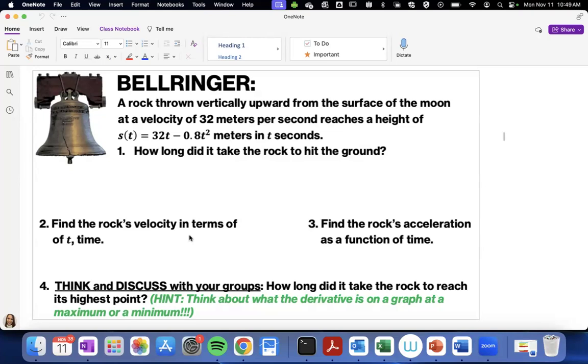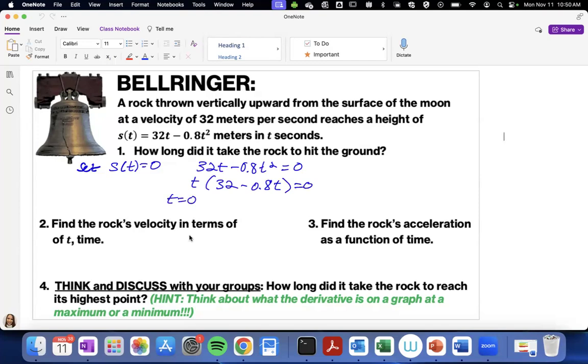So I set the position function s of t equal to 0. So I'm going to say 32t minus 0.8t squared equals 0. Then you solve it for t. So you factor out a t and you get t times (32 minus 0.8t), and set each one equal to 0.